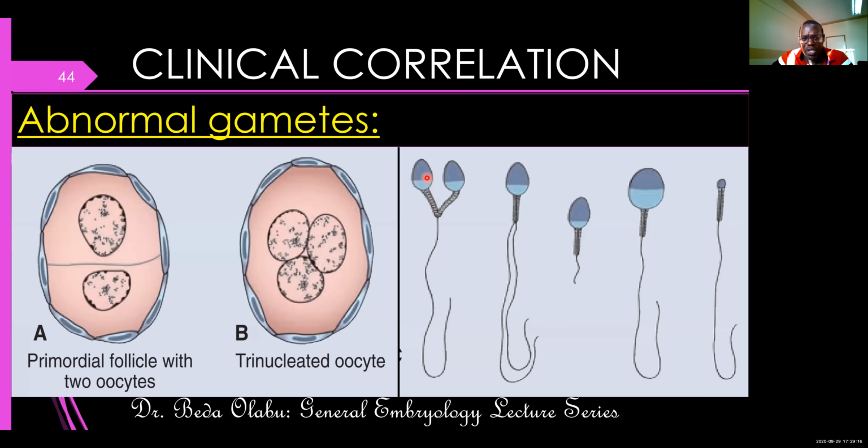You can have a sperm with two heads, like this one, or this one, two tails, or this one, small tail, or this one, a very big head, or this one, a very small head. All these are abnormal morphologies of sperm. The term given to sperm abnormal morphology is teratospermia.